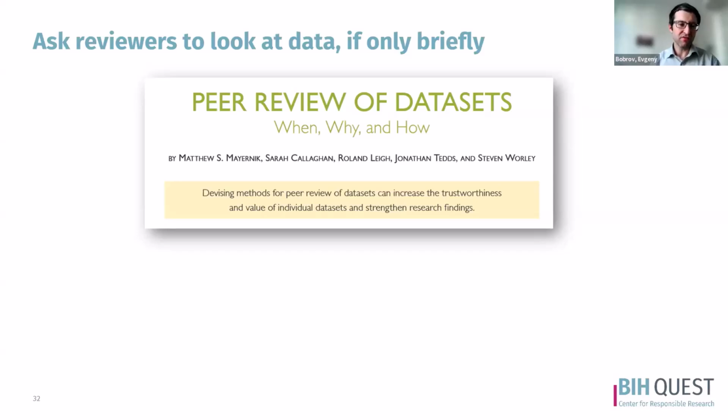So I think that if they spend 5 more minutes opening the data set and looking at it very, very briefly, this will be good for the review process, but I think actually it will also be a good thing overall. And I know that there's a lot of pressure on reviewers, and I'm aware of the complications.